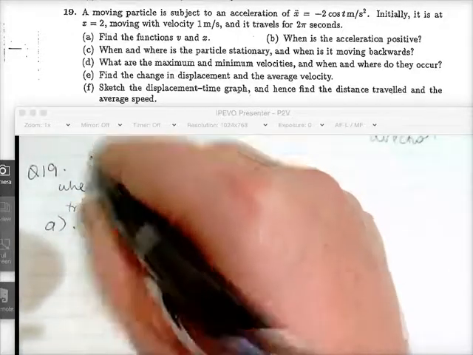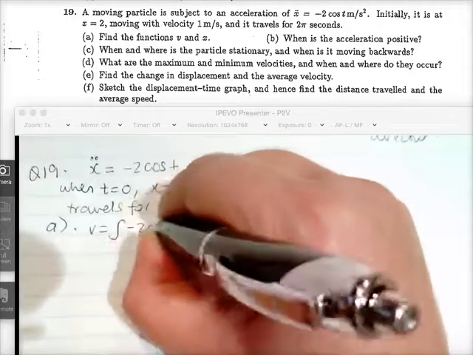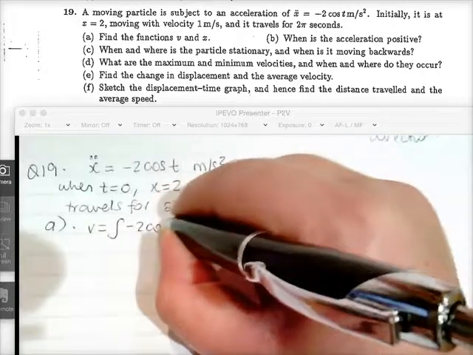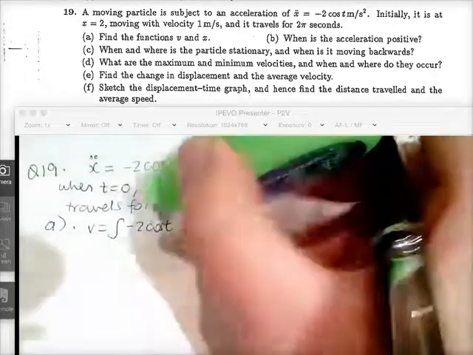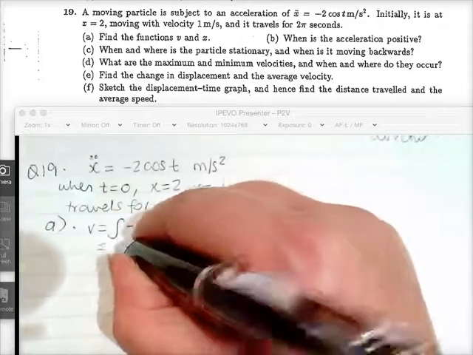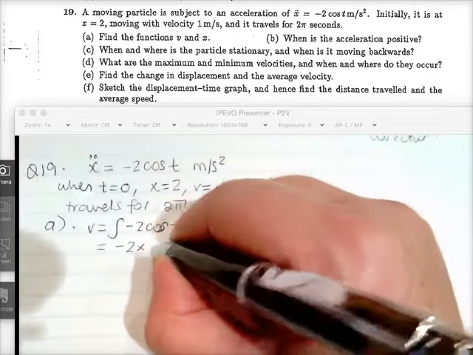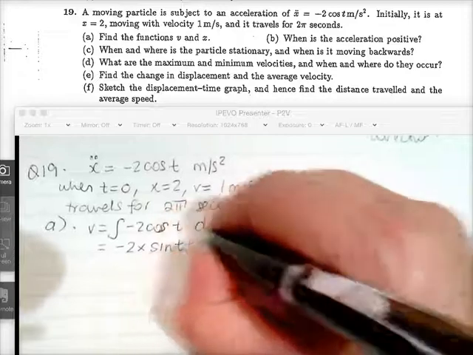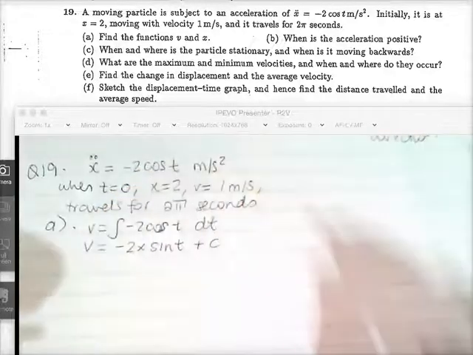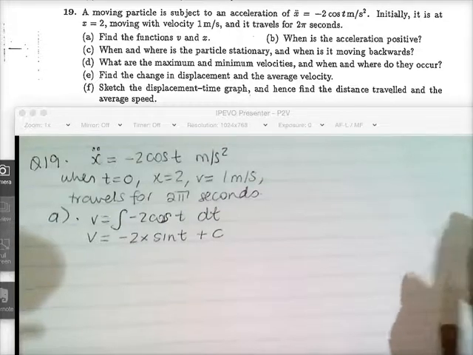So that's acceleration. v will be the integral of the acceleration. So integral of negative 2 cos t dt, which is negative 2 times, if you integrate cos, you just get sine, plus c. So it's negative 2 sine t plus c.